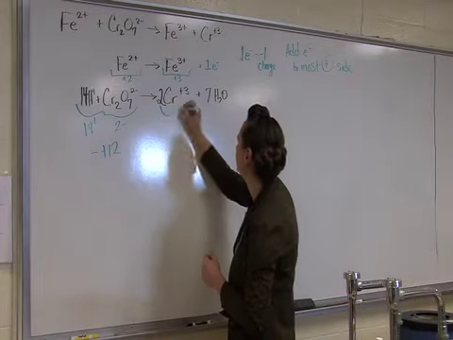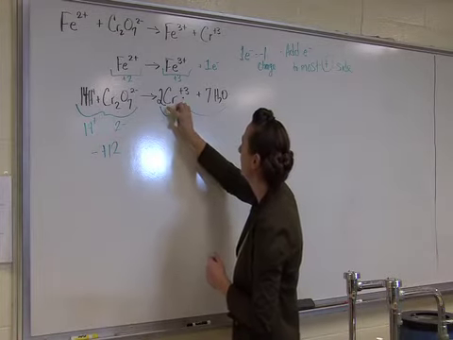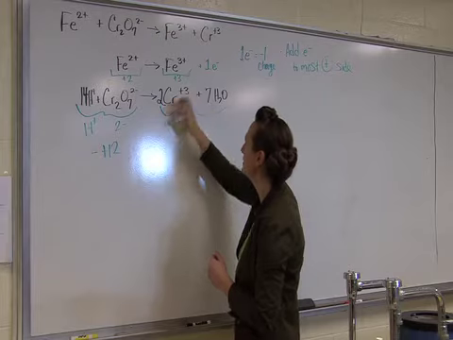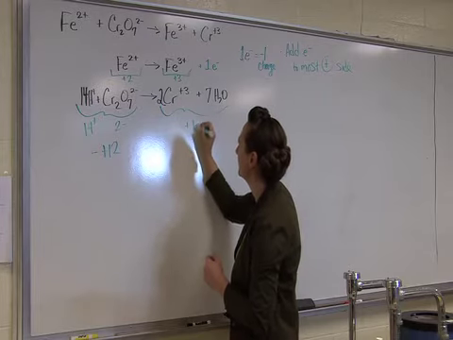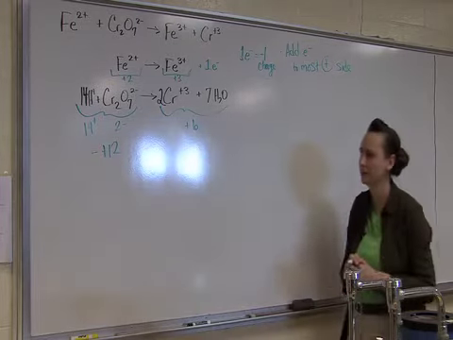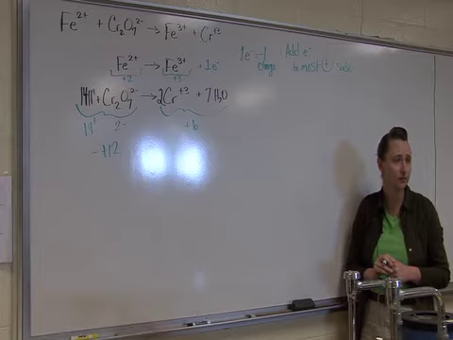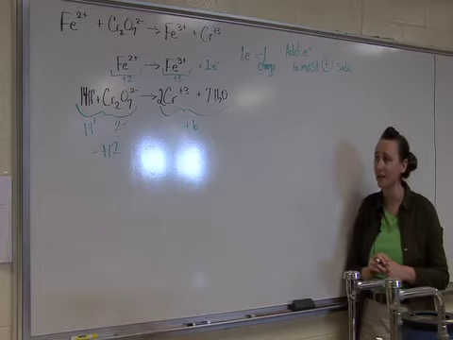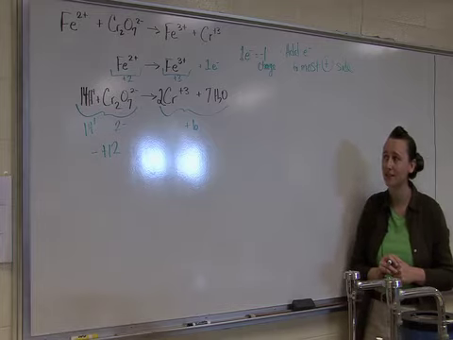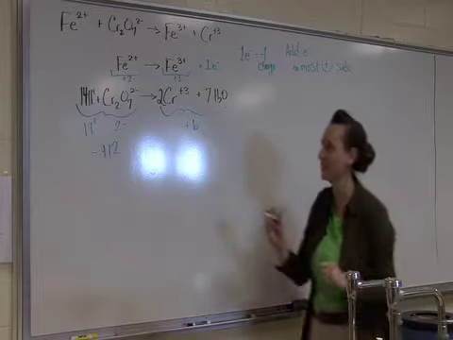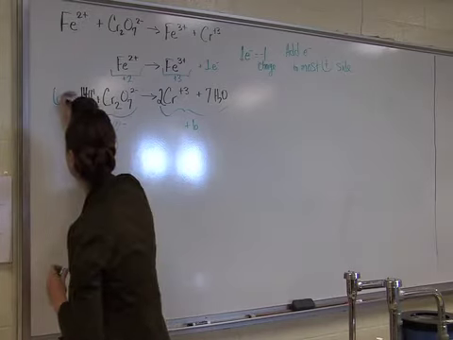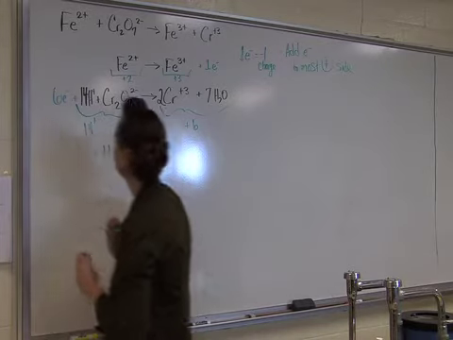On this side, water is neutral, so I have 2 plus 3's, which is a +6. The most positive side is the +12. How many electrons? 6 electrons. So I'm going to add 6 electrons over here.